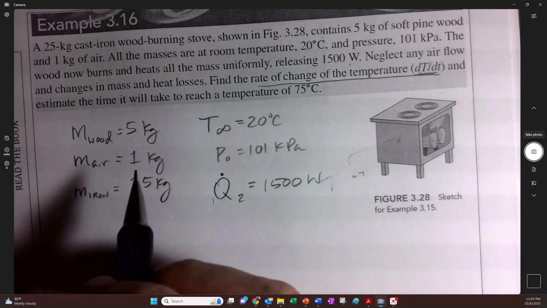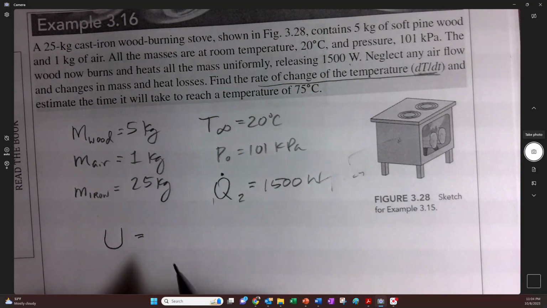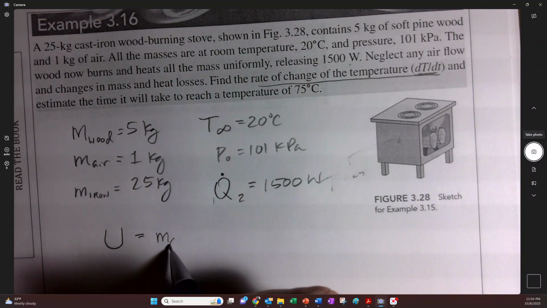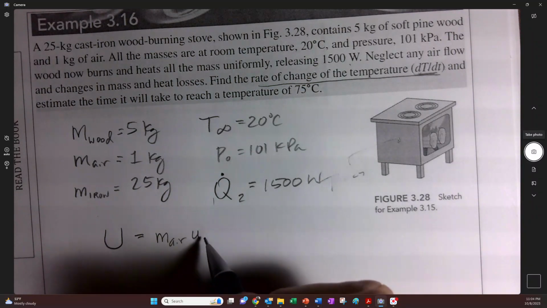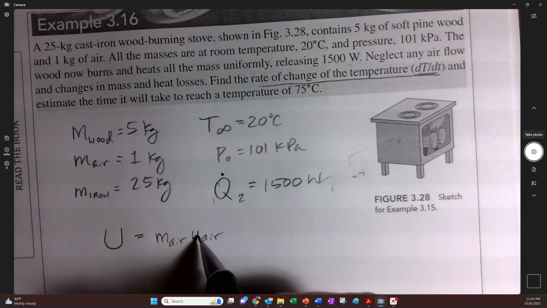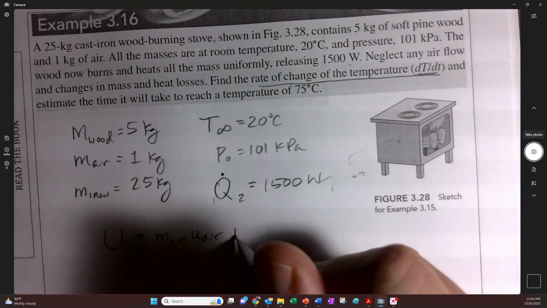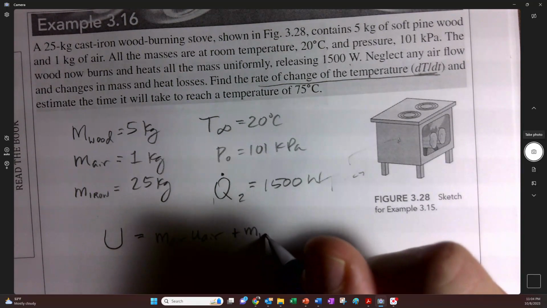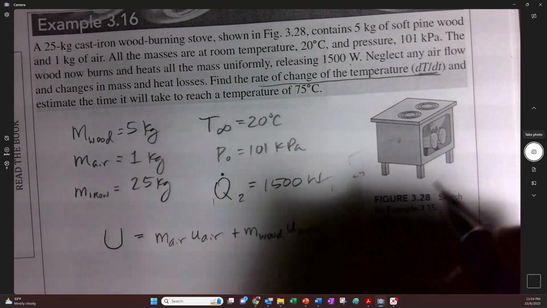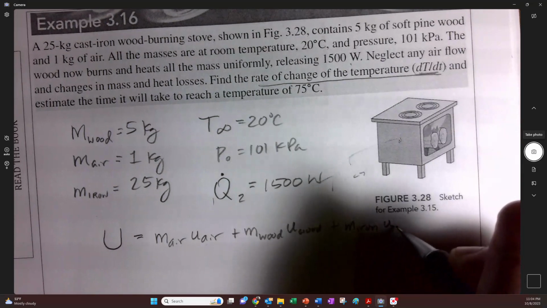So if you were looking at this, we would find the internal energy of this thing at any given time is going to be the mass of the air times the internal energy per mass of the air, plus the mass of the wood times the internal energy of the wood, and then the mass of the iron times the internal energy of the iron.